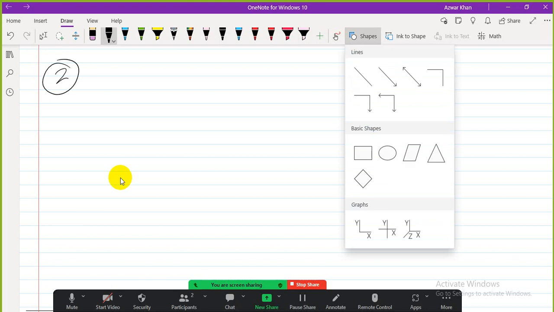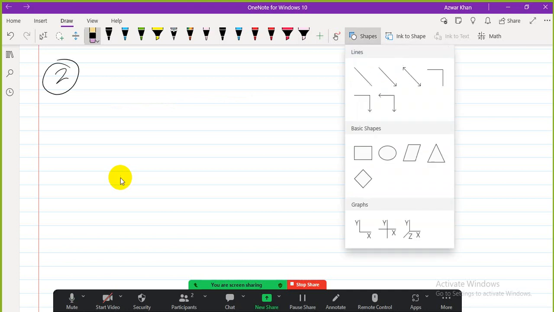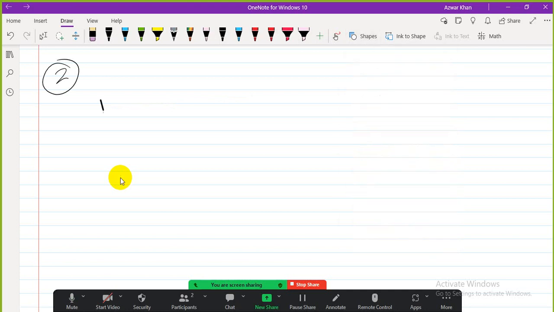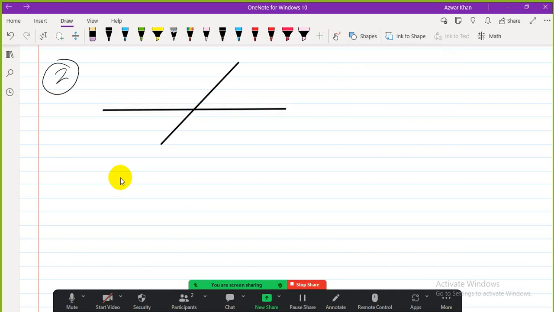Now I am drawing this one. Let's say I draw like this, and I intersect this line; I am naming this AB and this XY.